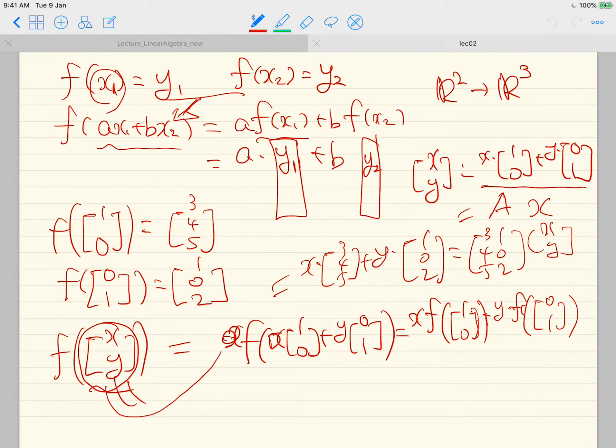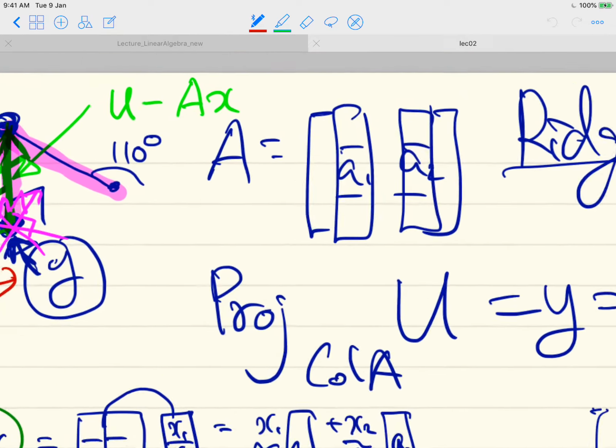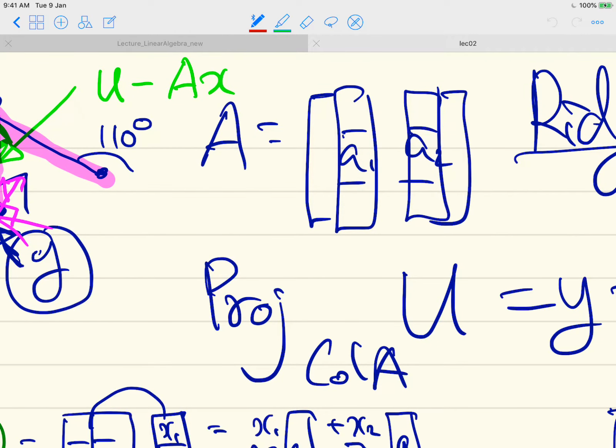In this example, A is already a rectangular matrix, right? Because in three-dimensional space, A has two columns, so A has the size of 3 by 2. So of course A can be a rectangular matrix.